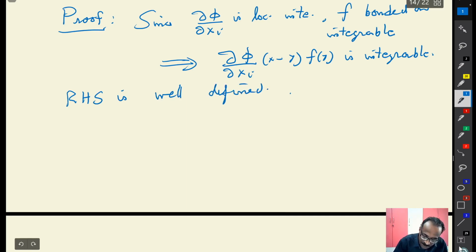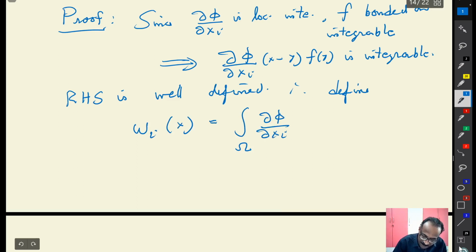Therefore, define that value. We will define wi of x equal to the integral over omega of dphi by dxi of x minus y times f of y dy, and immediately the modulus of wi of x is finite.